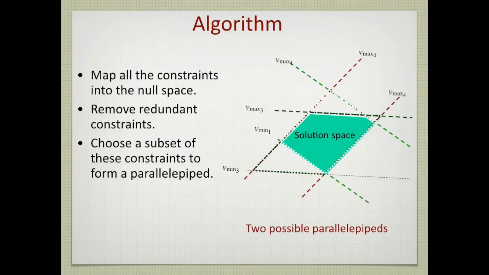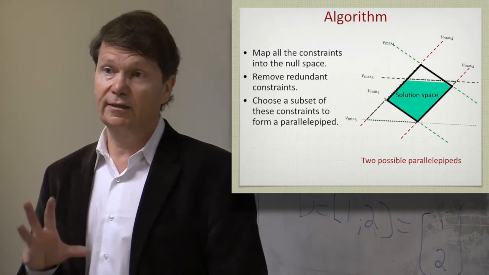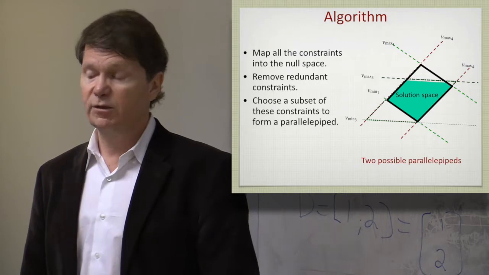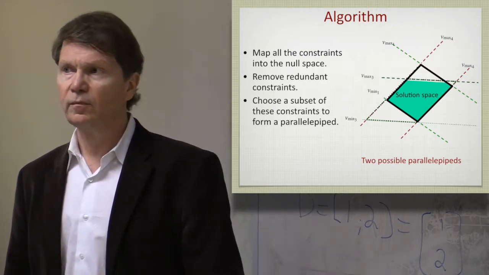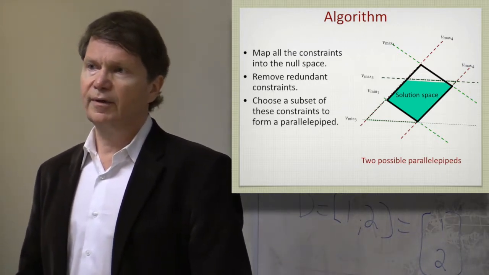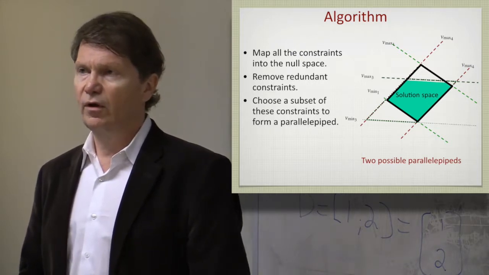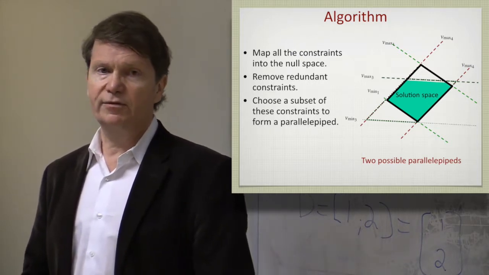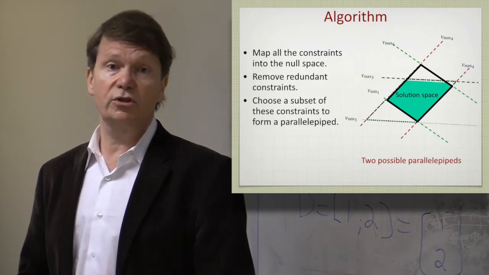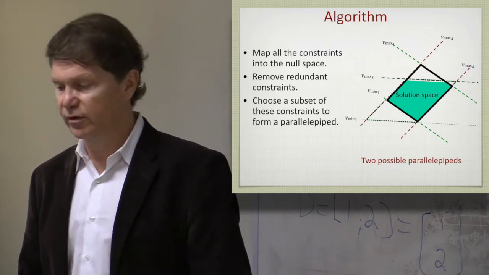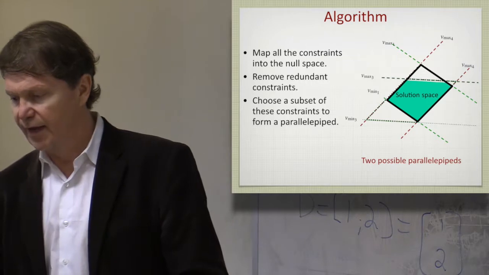And then here's another one that's more snug, and this would be a better one because it more tightly engulfs the space of interest to us. So there is an algorithm that can find the dominant constraints, look at all these parallelepipeds very quickly and figure out which one is the most snug. That's done algorithmically, and we're not going to talk about that here.